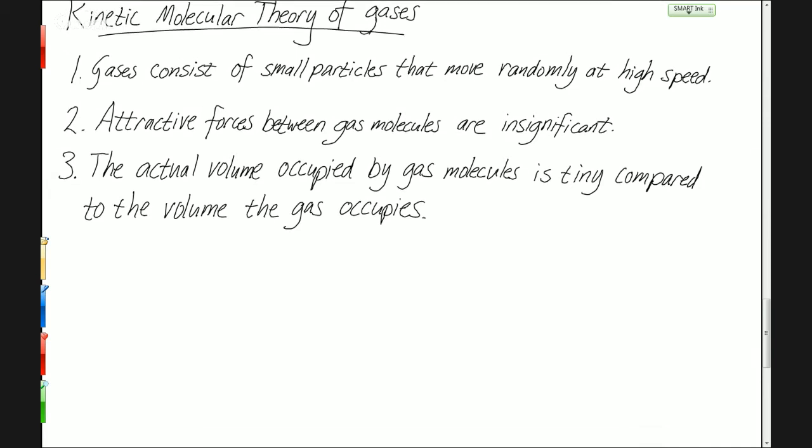All right, and then these last two are what we're really going to use to predict some of these effects that we see. The fourth one doesn't really sound like much until we talk about what it means.